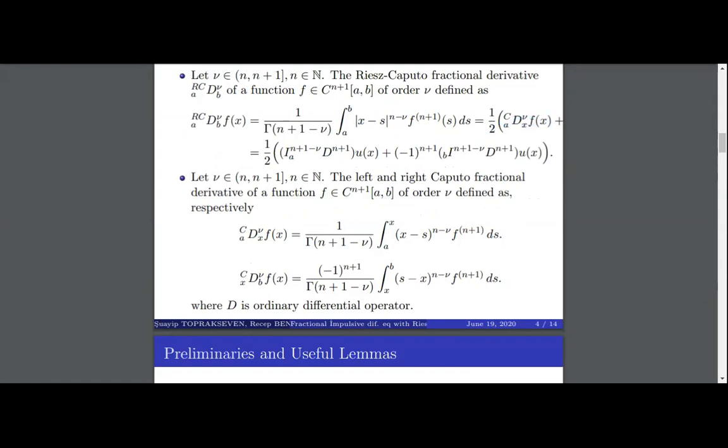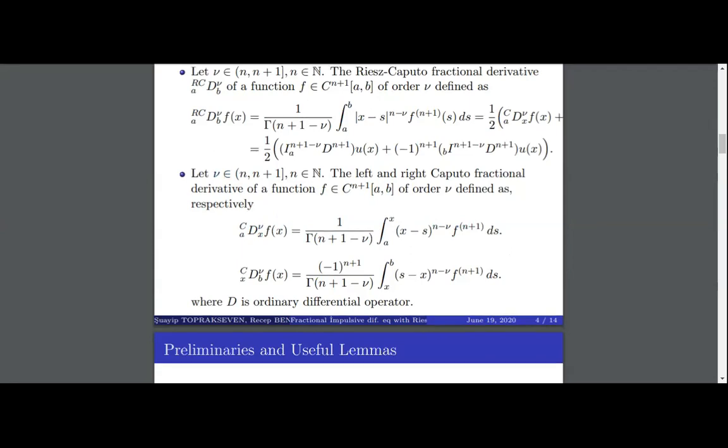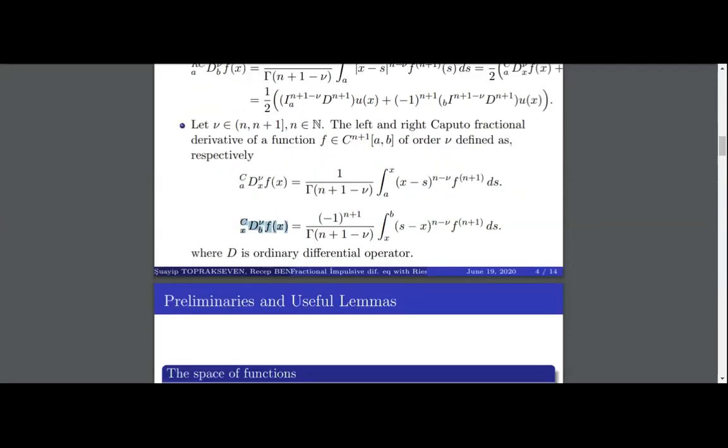It can be defined based on the Caputo derivative as the mean of the left plus the right Caputo fractional derivatives. Here the left Caputo fractional derivative of order nu is this one, and the right Caputo derivative is defined by this formula.